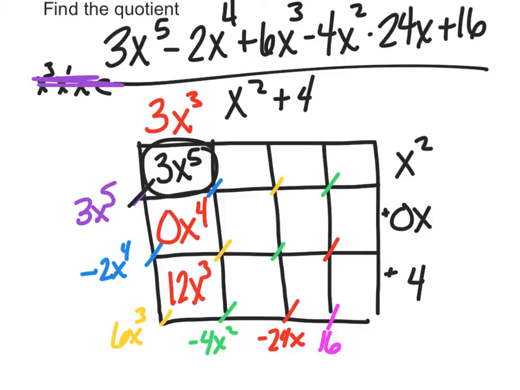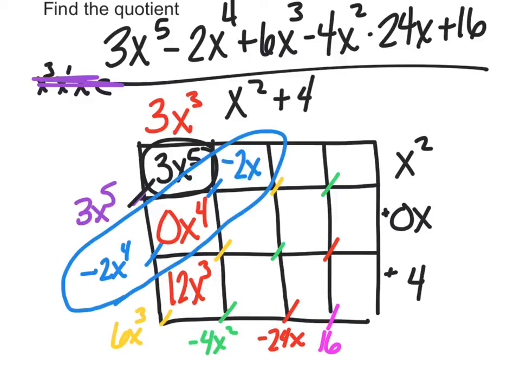Now I'm going to work my way where my blue dashes are and say, okay, these boxes here have to total negative 2x to the 4th. Well, I currently have 0x to the 4th, so this would have to be a negative 2x to the 4th for that to total. Now I'll say to myself, x squared times what would get me negative 2x to the 4th? Well, I would say that's going to be a negative 2 and an x squared.